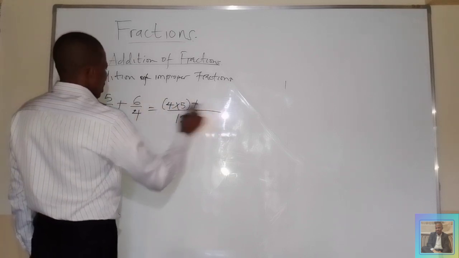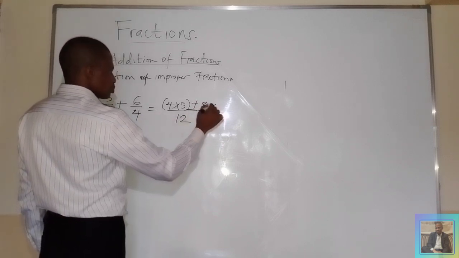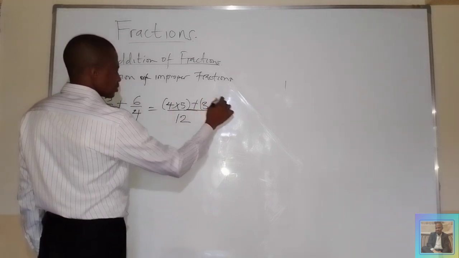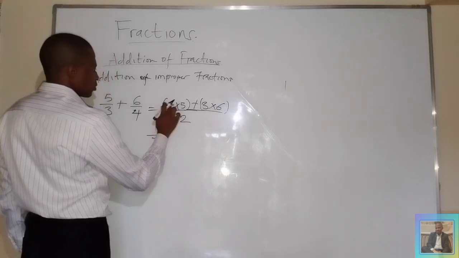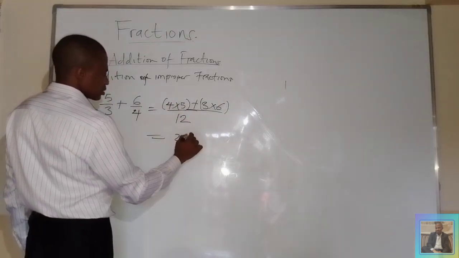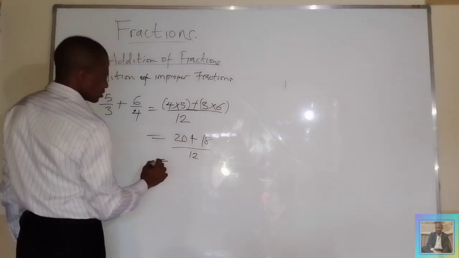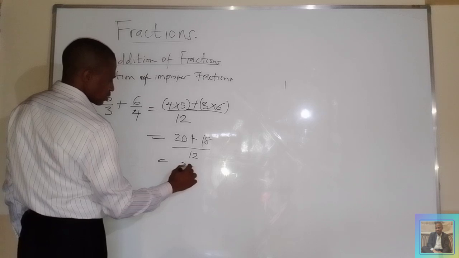Plus, how many 4 do we find in 12? 3. Then we multiply it by this 6. What do we have? 4 times 5 is 20, plus 18 over 12. What does that give us? 38 over 12.